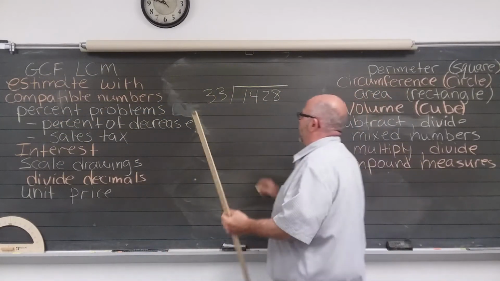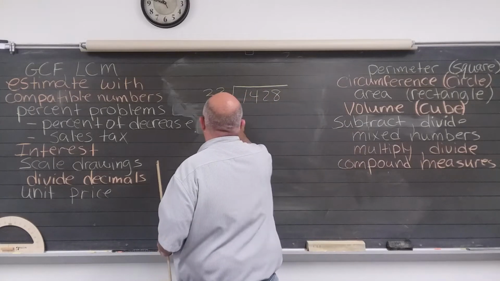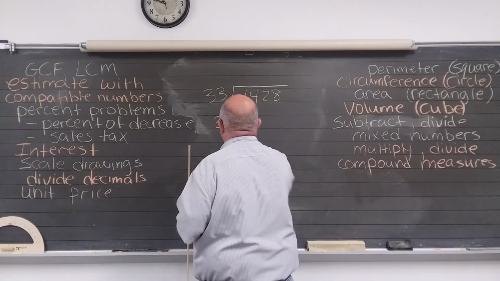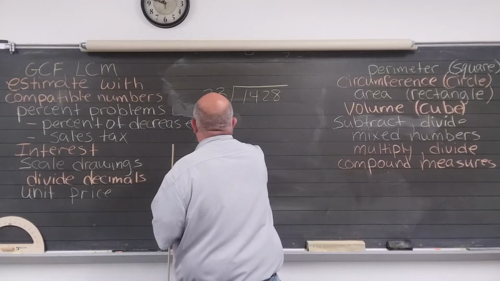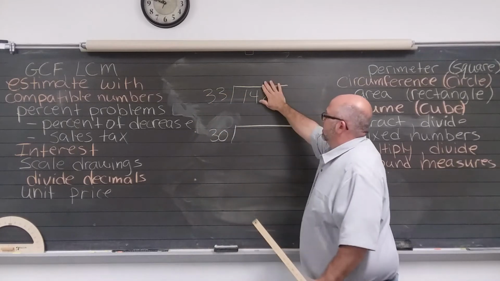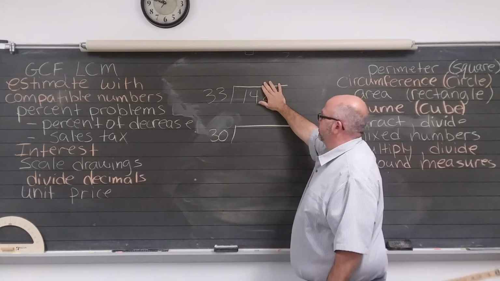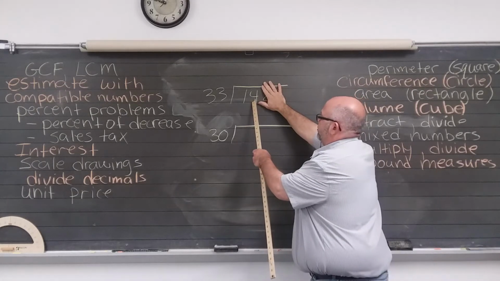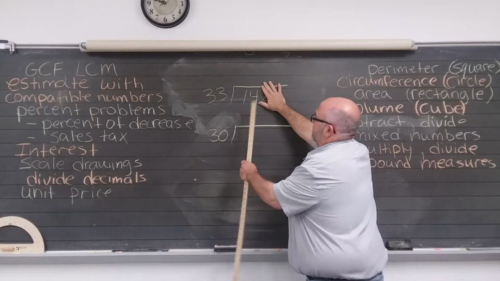Round the divisor off. 30. Drop down one. 30 into, what's the closest number to 14 that 3 can go into evenly?